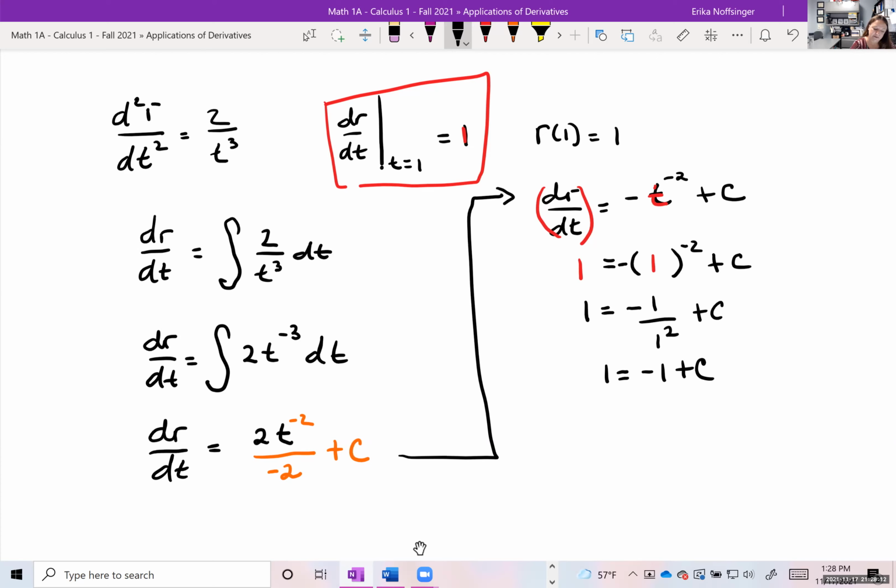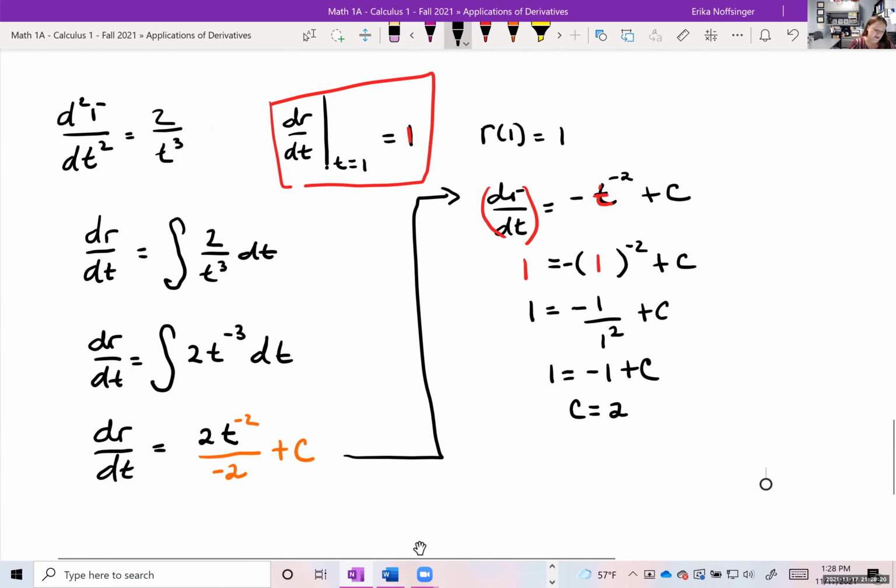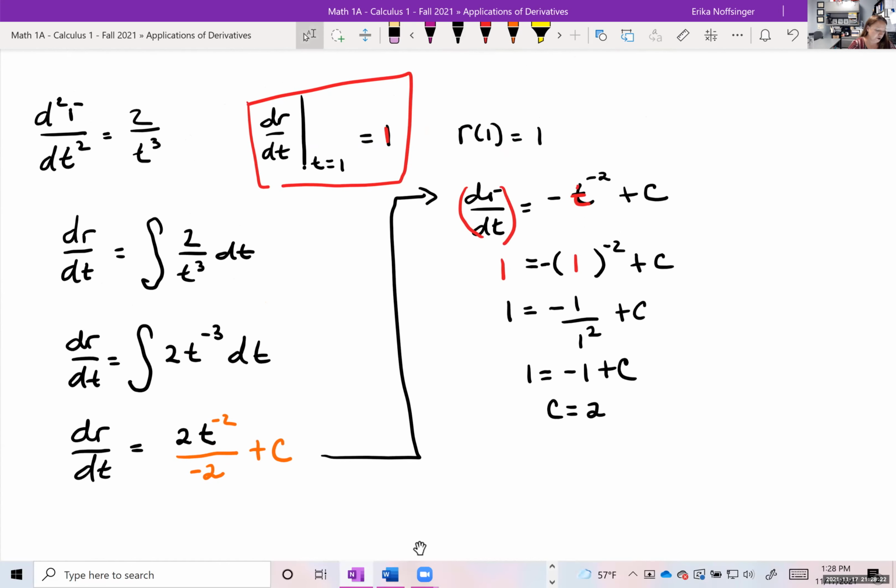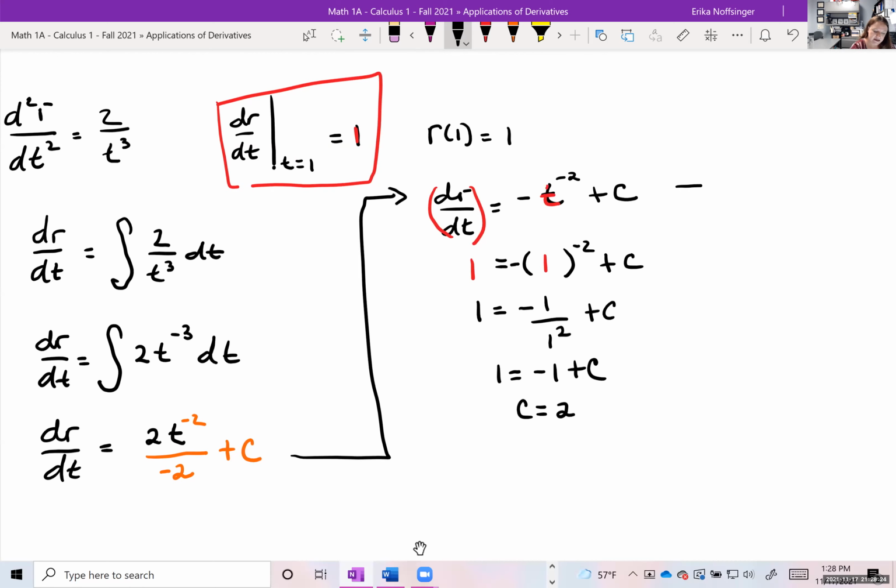If we add 1 to both sides, we get that c is 2. So far we have what the first derivative is. Our first derivative, dr dt, is equal to negative t to the negative 2 power plus 2.